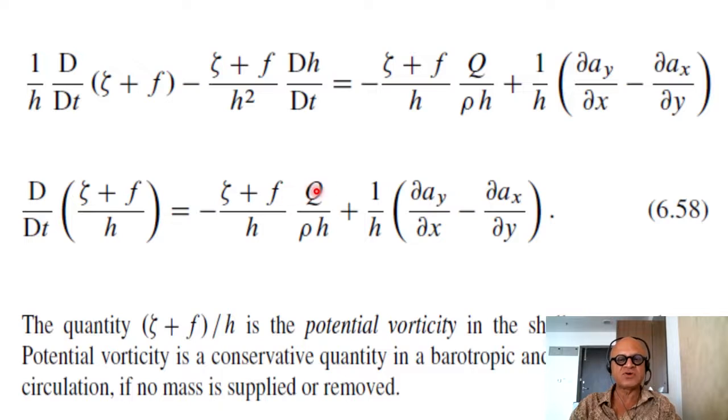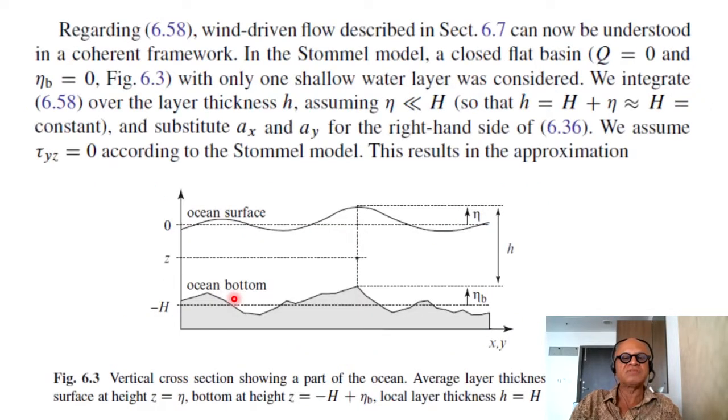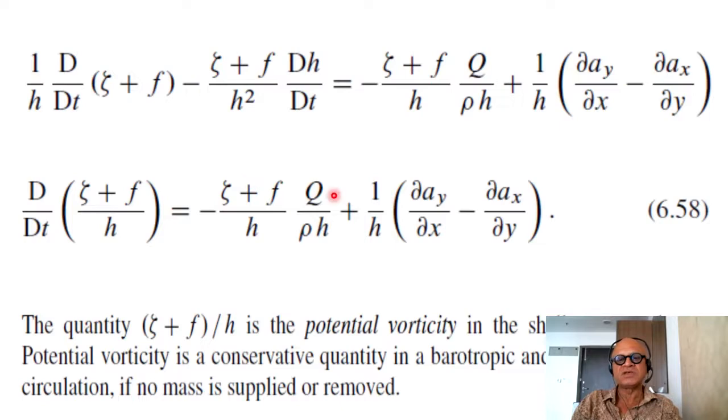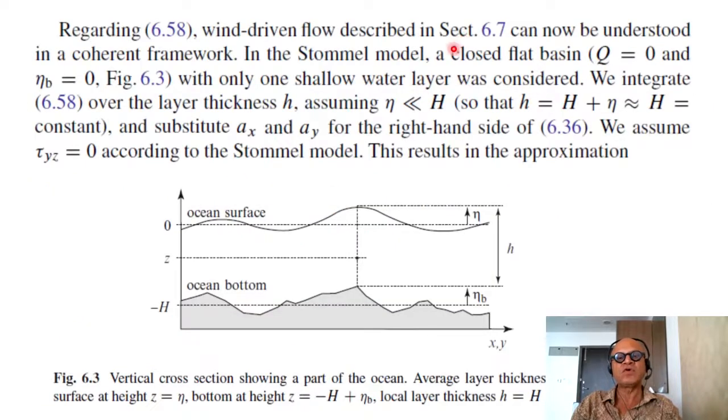So if q is 0, the pressure terms producing vorticity drop out, so you end up with only the convergence term, and d/dt of (zeta plus f) over h becomes 0, so that quantity becomes conserved.